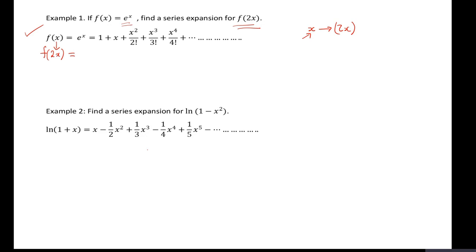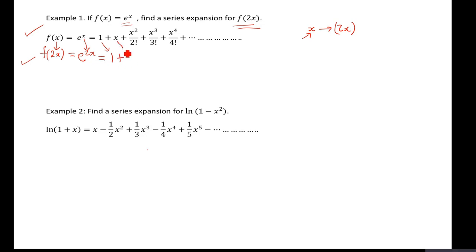So what does that imply for us? We must realize that to generate another function from a standard function, all you have to do is replace x there by 2x. So the series stays the same. The 1 will remain 1.